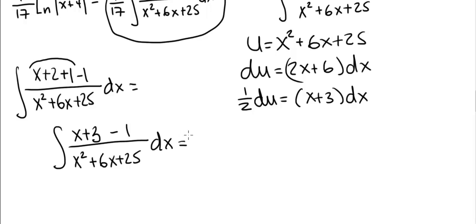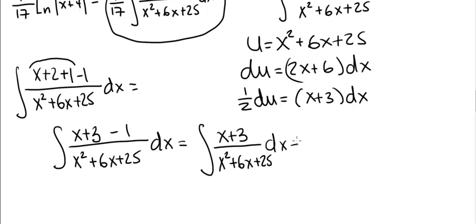And we can write this as two integrals. First one, x plus 3 divided by x squared plus 6x plus 25, and then minus 1 divided by x squared plus 6x plus 25.